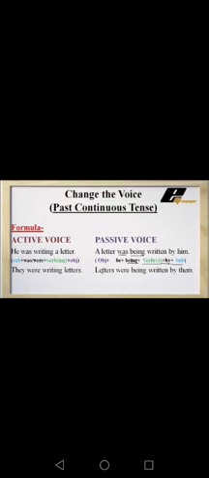In the next sentence, as I told you, the object will take the place of the subject. So a letter was the object, and in the passive the object will come at the start of the sentence and take the place of the subject. Then the be form was is there, and then in passive we add being, then the third form of verb, written, and as I told you we have to add by also, by him.